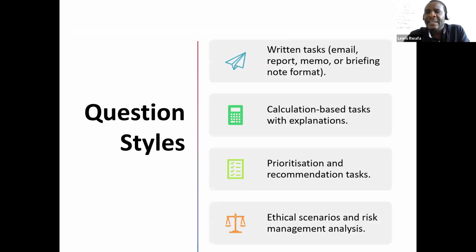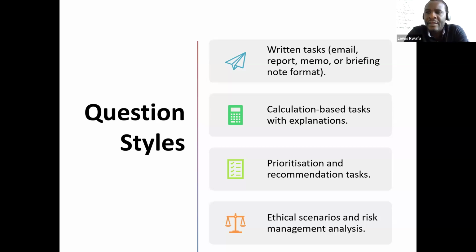Okay. So what can you expect on the exam day? You are going to be asked to write an email. You are going to be asked to write a report or a memo or a briefing note. Why am I talking about all these things? You need to know the format of an email.